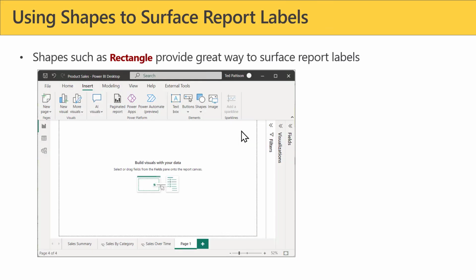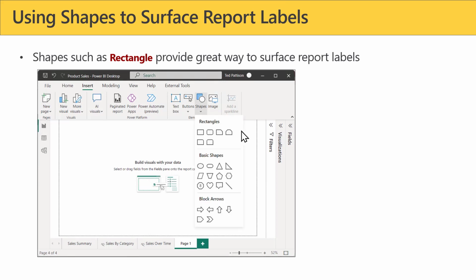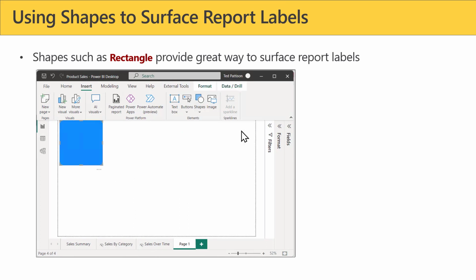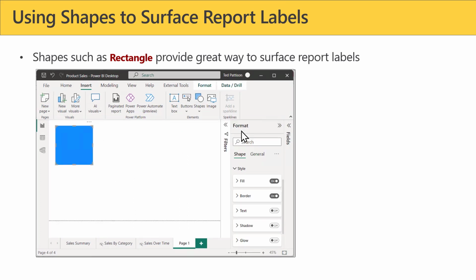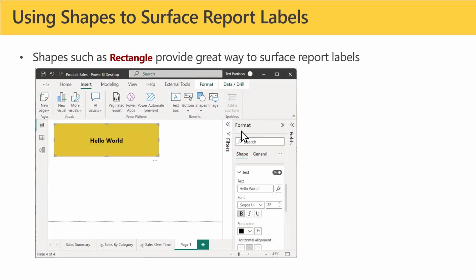Next thing we're going to see is that rectangle shapes provide a great way to surface report labels. So let's say that I have a report page and I go to the Insert tab. I then drop down the Shapes menu and I pick one of these rectangle shapes. Once you pick a rectangle shape, we're then going to go to the Format pane. And I can change the fill, I can change the border, but it's the text property.